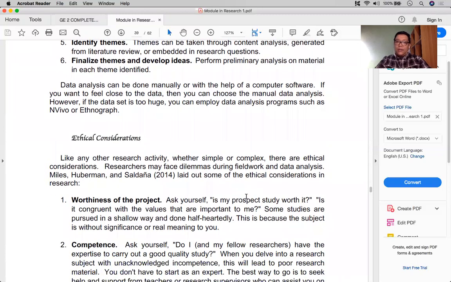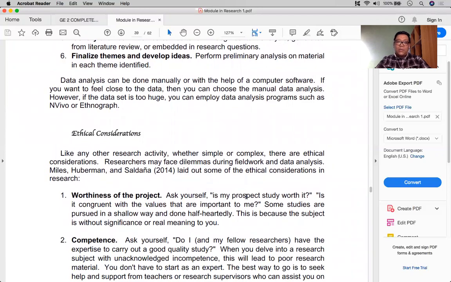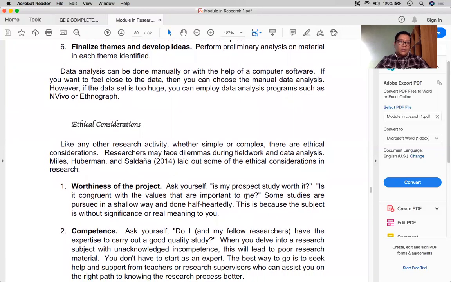Another very important thing that you need to include in your chapter 2 is ethical considerations. In some institutions or higher educational academies, we have an ethics committee, a research ethics committee, which takes charge of the review of the ethical considerations of the studies, both for the undergraduate and the graduate programs.